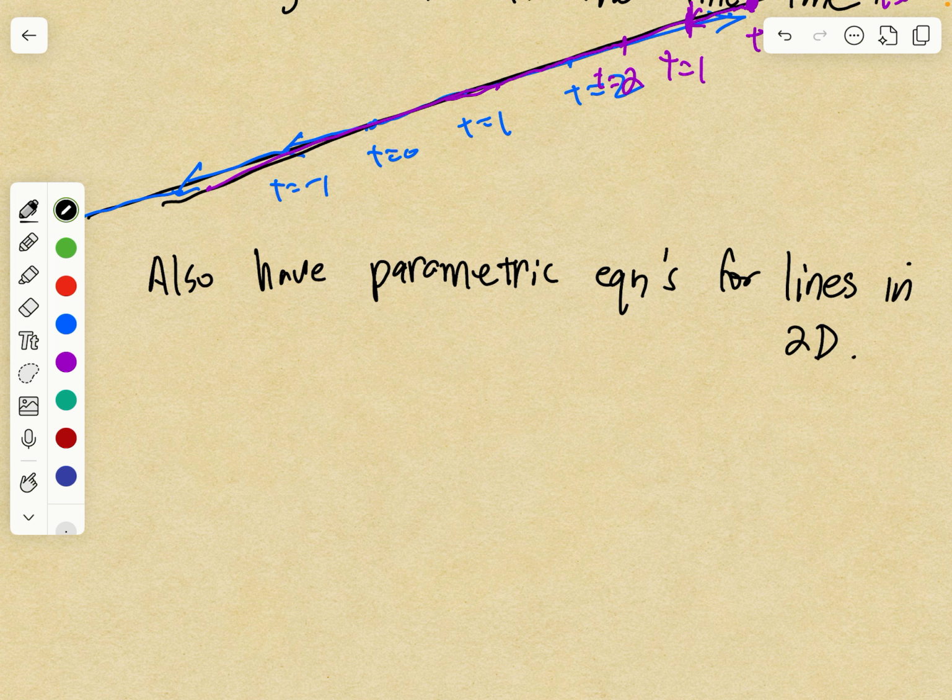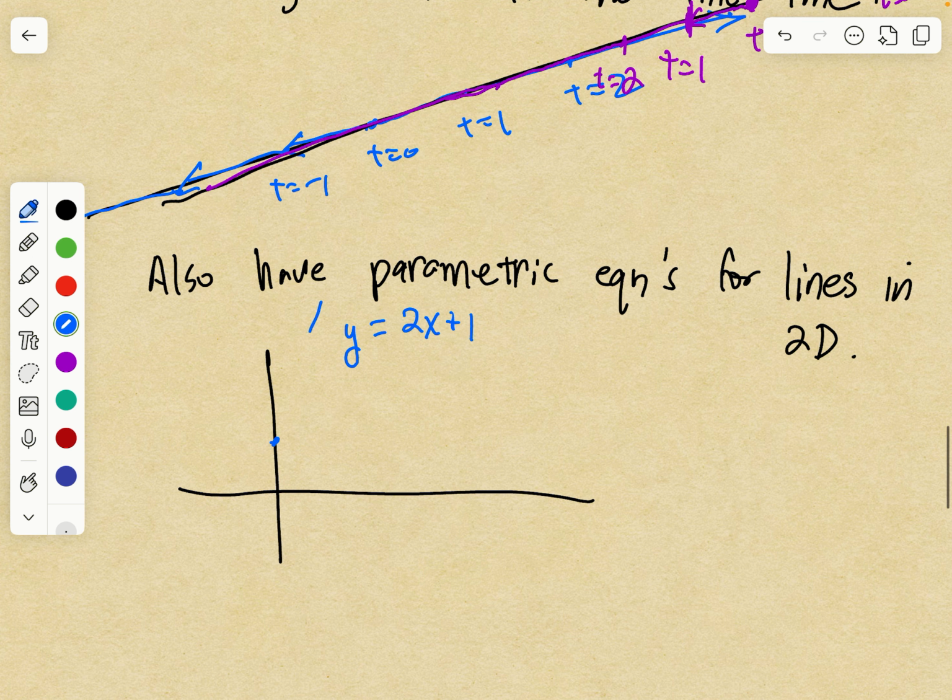So if you have the xy plane, let's take a concrete example, and then I think you'll get the idea of what to do. Let's say that you had y equals 2x plus 1. So the y-intercept is 1, slope is 2, so you're going to get this line like that, right?